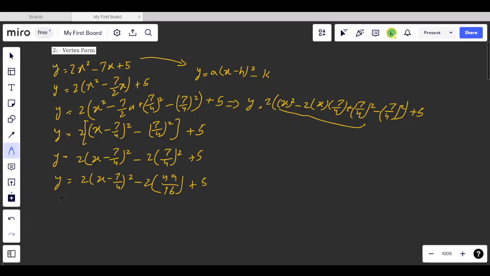Now we just need to simplify it further. This 2 will be cancelled out with 16, so this will become 49 by 8 plus 5. Now we need to add this plus 5 and minus 49 by 8 to get to the standard form.